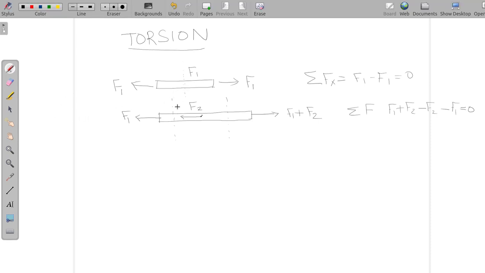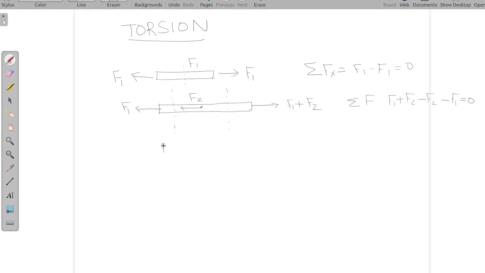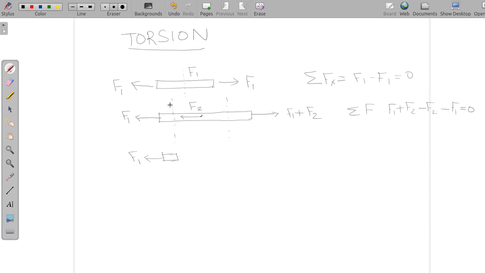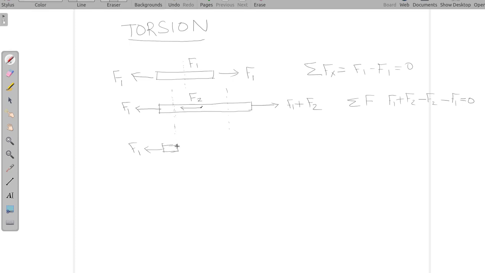To find the internal force resultant at this part, you cut the bar at this part and take it out. So I've cut the bar here and I've taken it out. I have force F1 here, and internal force resultant essentially means that that force will be equal to the net force that should be applied here.